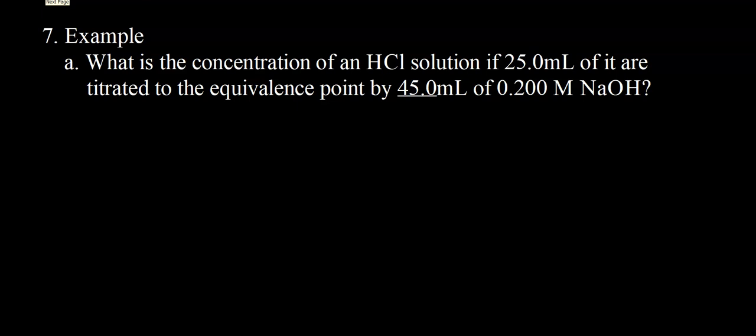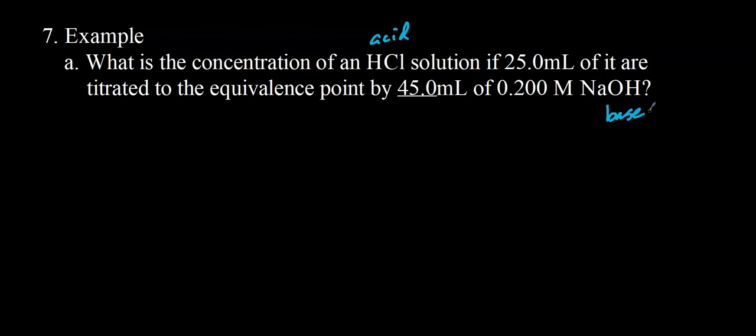Letter A. What is the concentration of an HCl solution? So that is your acid. We're trying to find that. If 25.0 milliliters of it are titrated to the equivalence point by 45.0 milliliters of 0.200 molar sodium hydroxide, which is our base.